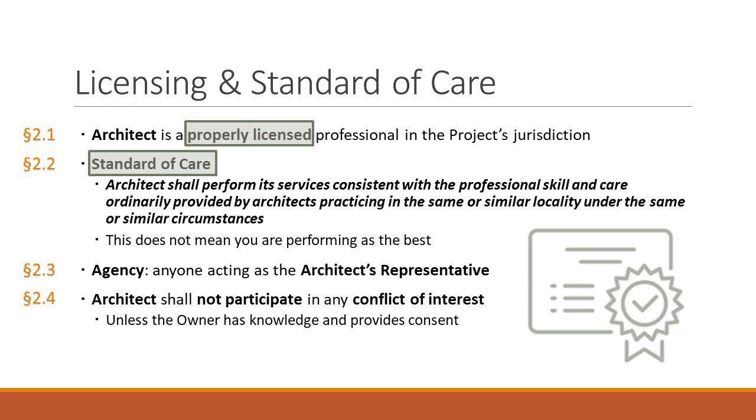This is like you don't want to bring somebody in who maybe has relations with the contractor, or maybe with the city, so that you can get some things by. The owner needs to know that the architect's professional judgment is to the owner, not to the contractor, not to a third party, not to somebody outside.